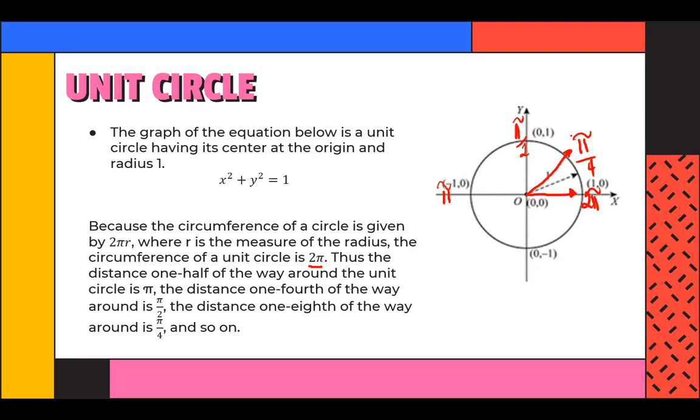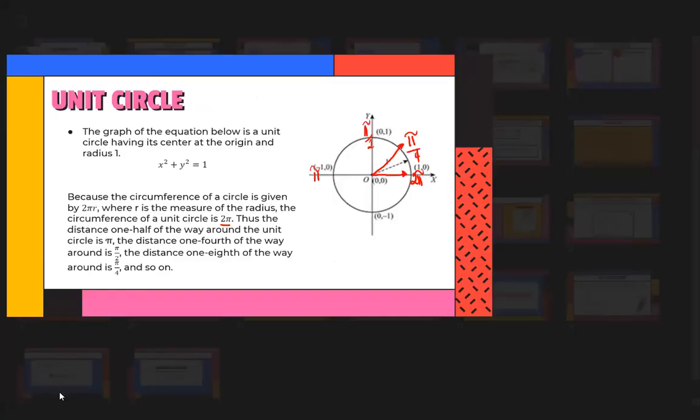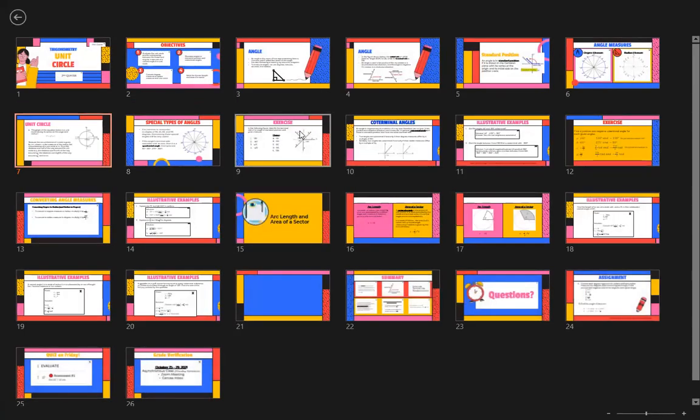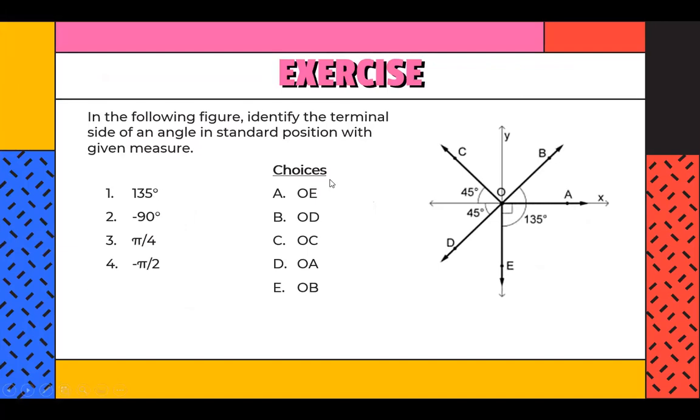Next, let us proceed with our exercises to further check if you have really understood our discussion in this video. We have already answered this, and just as a recap, we will answer this one again. In the following figure, identify the terminal side of an angle in standard position with the given measure.